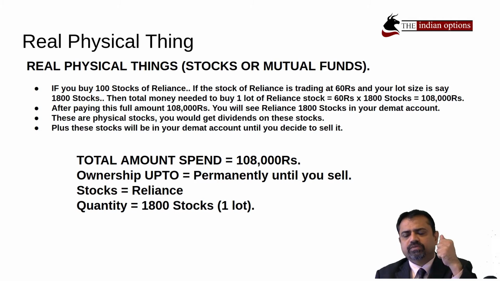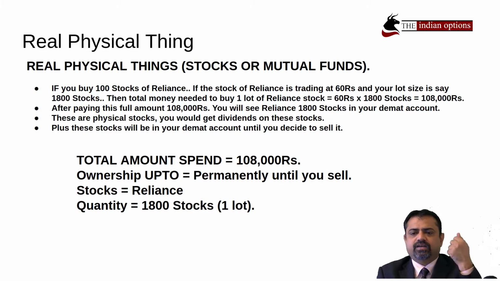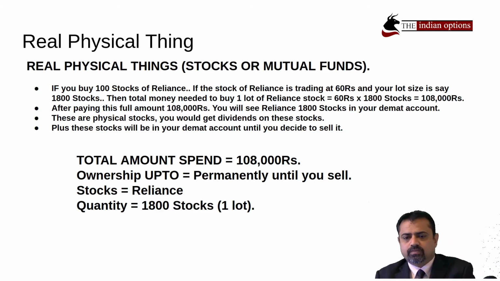Okay, so if you spend around, I've taken an example here. Say you want to buy stocks of Reliance, and the stock price is trading at say 60 rupees, and the lot size is say 1800 stocks. Then in order to buy one lot, which means around 1800 stocks, you are going to need 1,08,000 rupees.